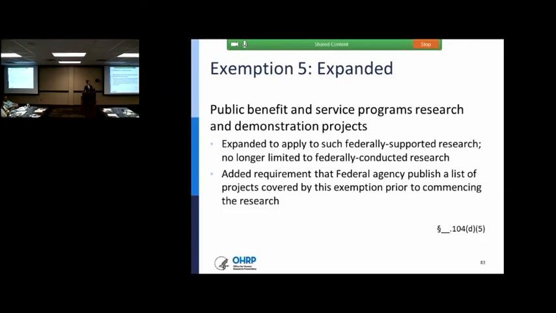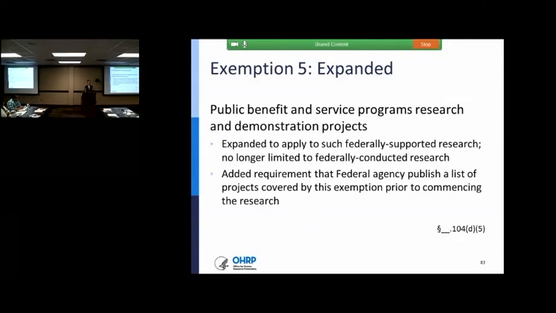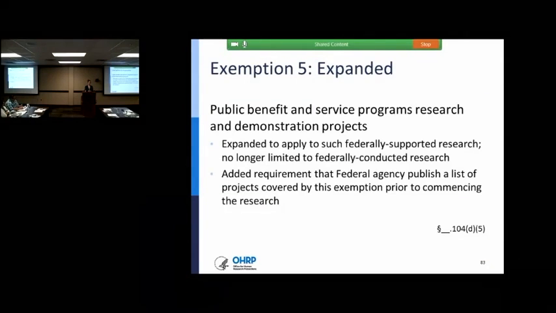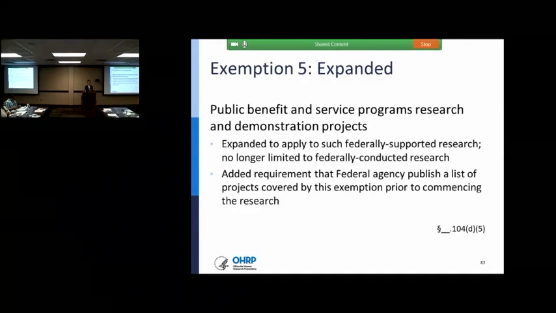So the same kind of studies, but now if they're supported by a grant rather than just a contract, they would also fall under this. And also there's a requirement that the agencies have to publish a list of these projects on a website.